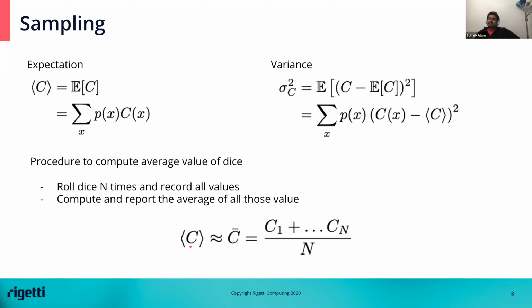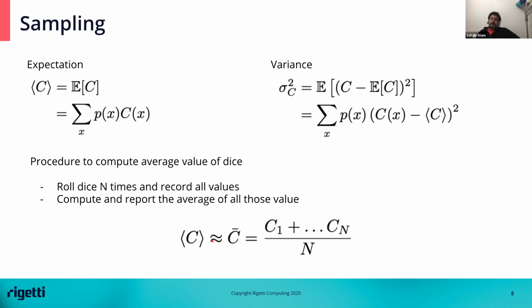Remember, I said a couple of slides ago that when I compute something like this, really what it's saying is that theoretically this is my prediction for what will happen if you measure this random variable many, many times and then compute its average: the average that you compute should be very close to the number that I compute using this equation, right? And so that's what this approximation sign stands for.